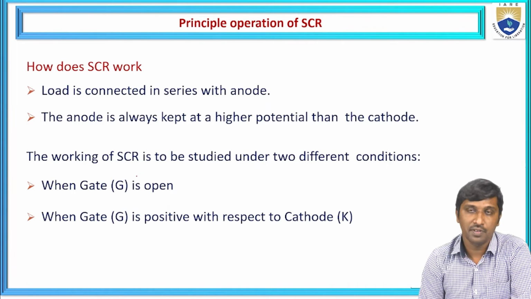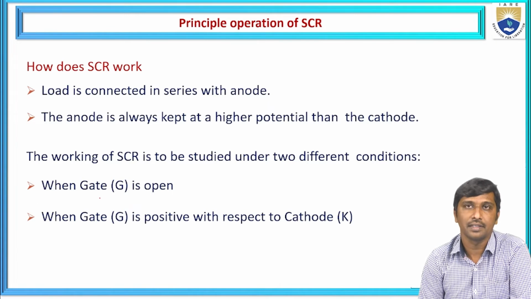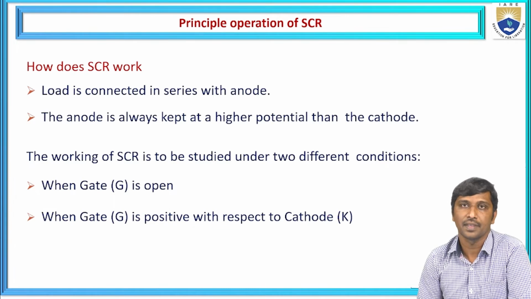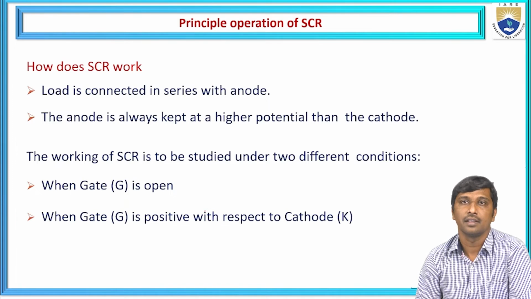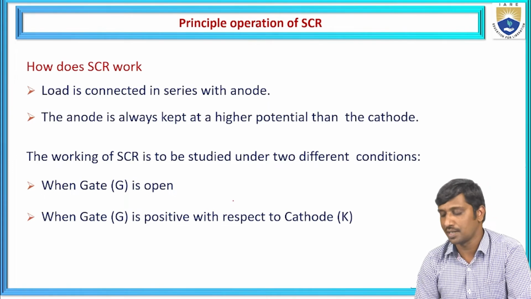We are going to observe the working of the silicon control rectifier with the gate terminal either open or biased with a positive potential with respect to the cathode. We'll discuss in detail what happens when the gate is open and what happens when the gate is made positive with respect to the cathode terminal.